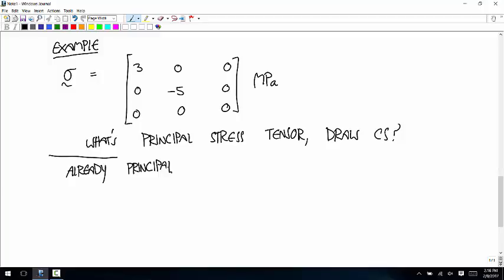Usually you're not going to start with one that's only on the diagonal. You're going to start with values everywhere, and then your principal values aren't going to appear in your original matrix. But we're starting here with a principal stress already, so the eigenvalues that we calculate are going to be 3, negative 5, and 0.